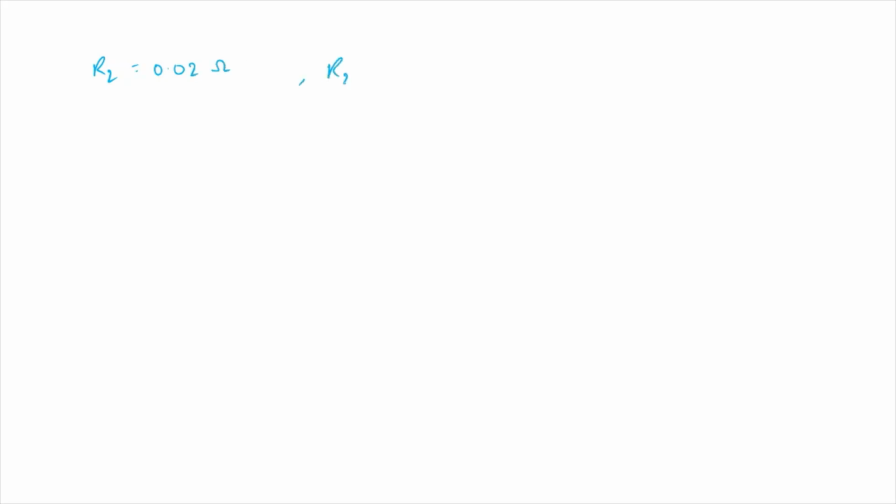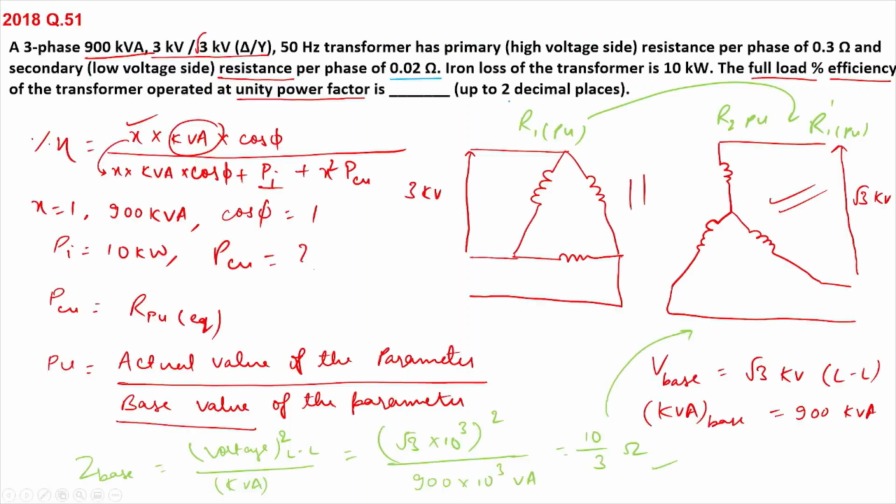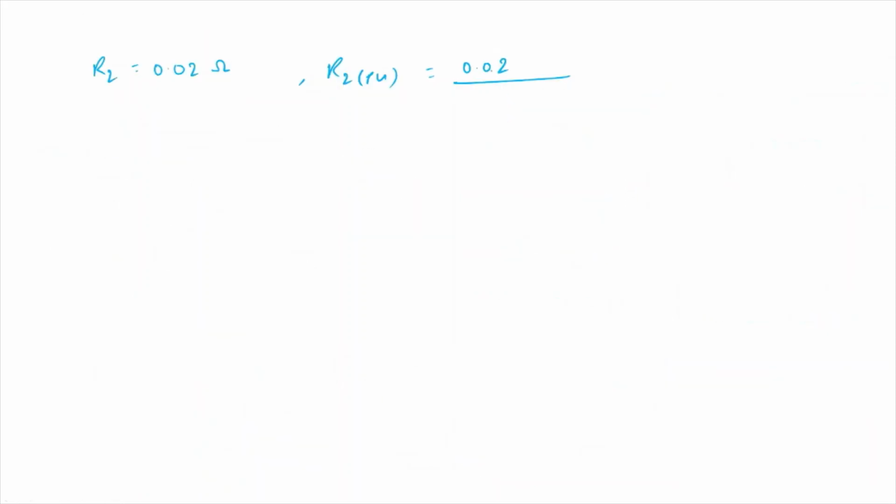So R2PU would be 0.02 divided by the base value. Base value was nothing but the 10 by 3. So here we will take 10 by 3, and that would come out to be 0.006 per unit. We are done with R2 per unit. Now we will see R1 dash per unit.